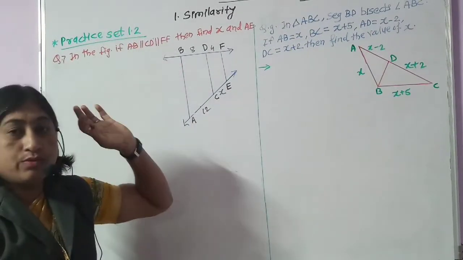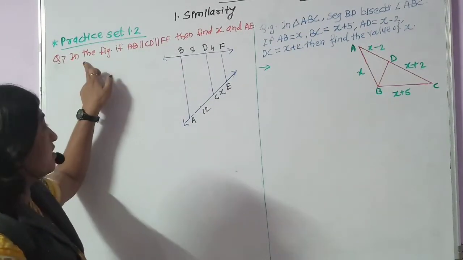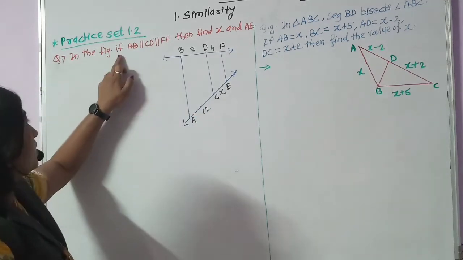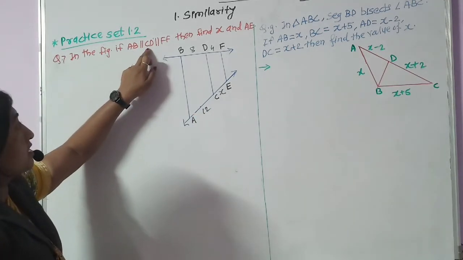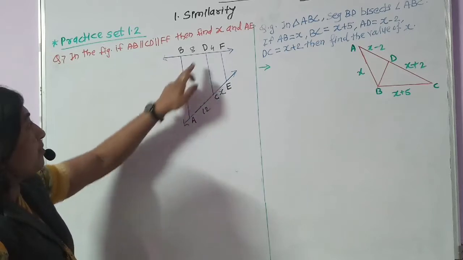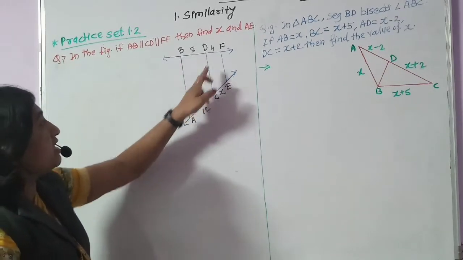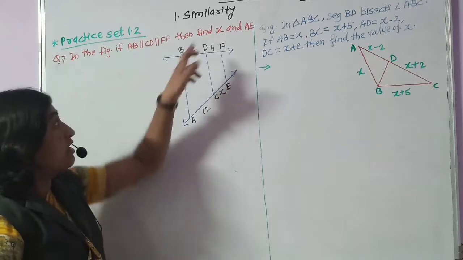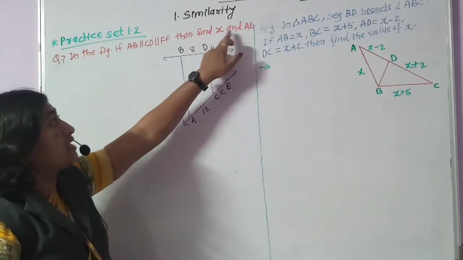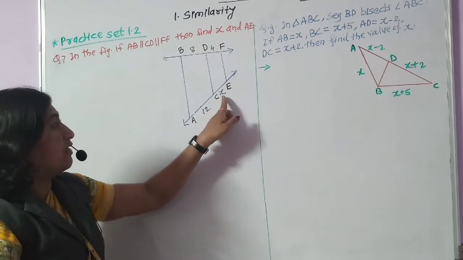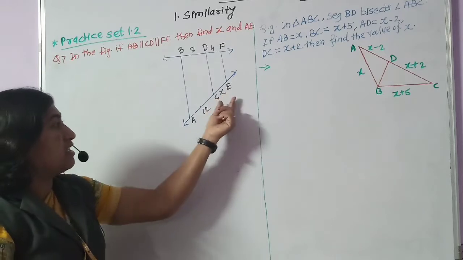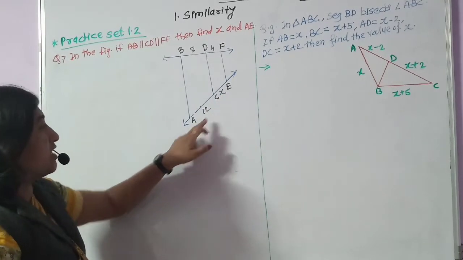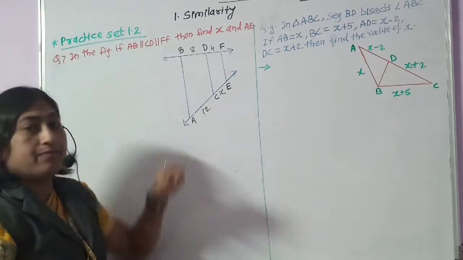Practice set 1.2, see question number 7. We have given here the diagram. In the figure, AB is parallel to CD, and this CD is also parallel to EF. That means we have to find the value of X, that is the value of AC, and the value of AE, that means the total distance AE.